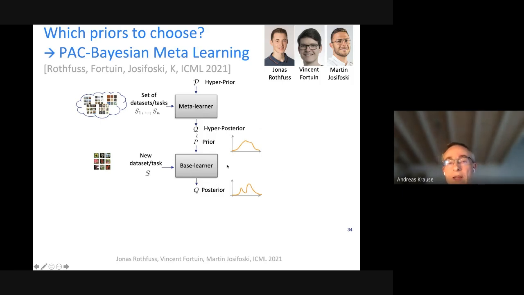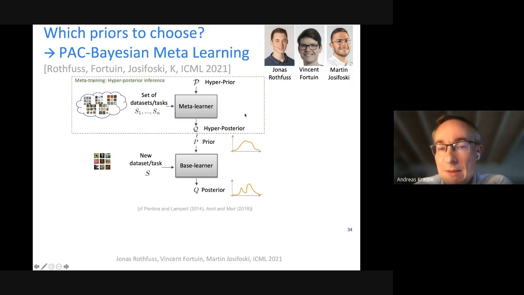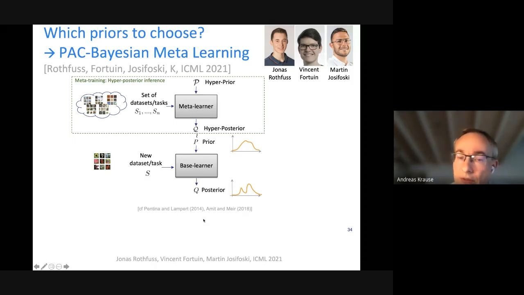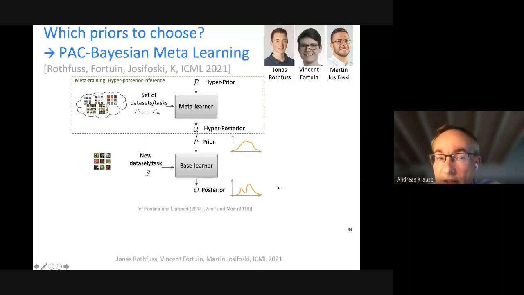Now, in principle, there are a lot of possibilities for how one could apply meta-learning. In the work that I want to talk about here, which is a paper that's going to come up at ICML this year, we built on some really beautiful work by Pentina and Lampert, as well as Amit and Meir, that motivates meta-learning from the perspective of PAC-Bayesian inference.